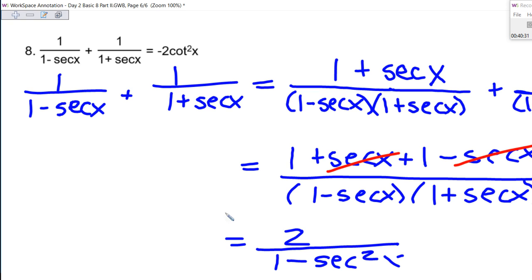If you see a 1 with a term that is squared, you should automatically think Pythagorean identity. So sine squared plus cosine squared is equal to 1. If I have a secant, what do I need to divide by? Divide everything by cosine squared.